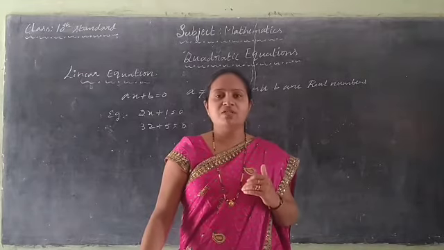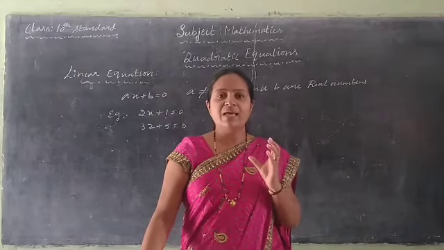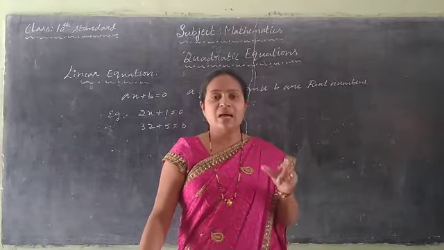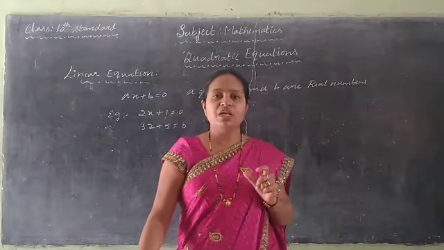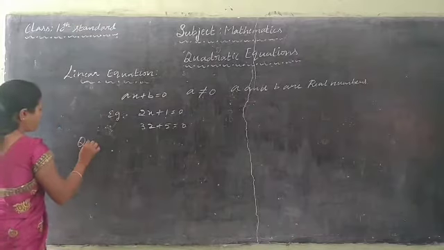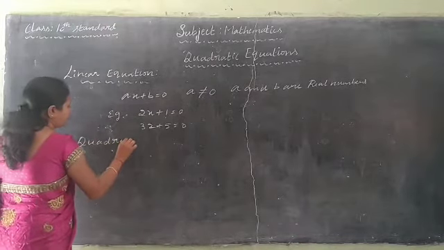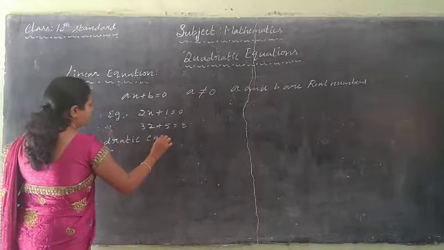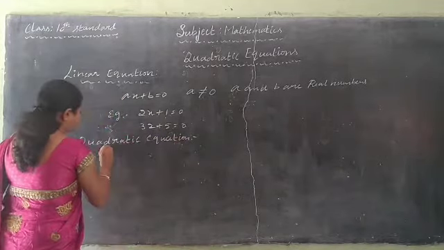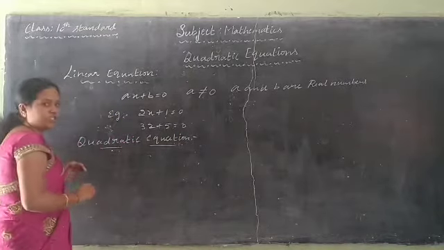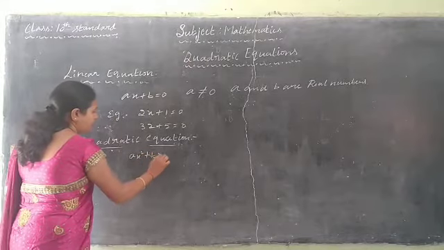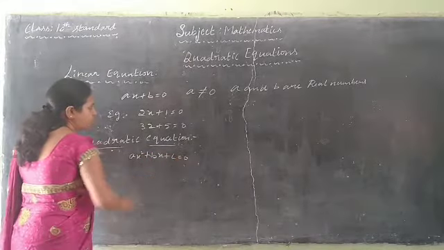Okay. Quadratic equation means, children, it is an equation where the highest degree of the polynomial should be 2, children. Understood? Highest degree should be 2. And the general form of the quadratic equation is, children, ax squared plus bx plus c is equal to 0.